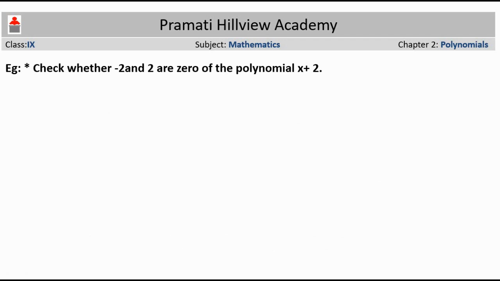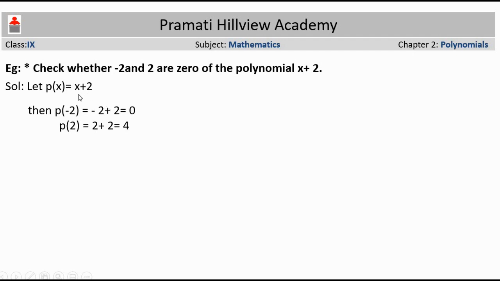Check whether minus 2 and 2 are zeros of the polynomial x plus 2. Let p of x be equal to x plus 2. Then, when x is equal to minus 2, p of minus 2 is equal to minus 2 plus 2, which is equal to 0.